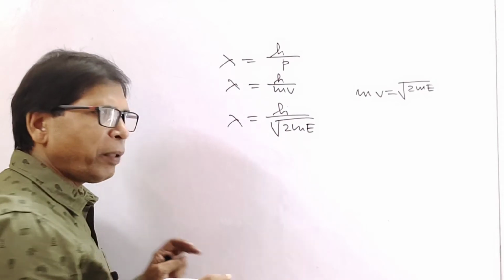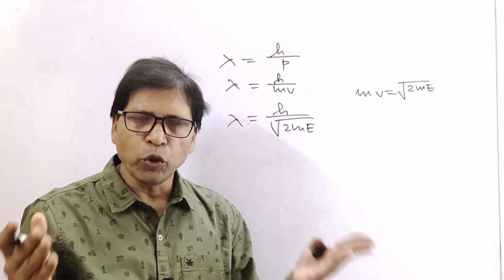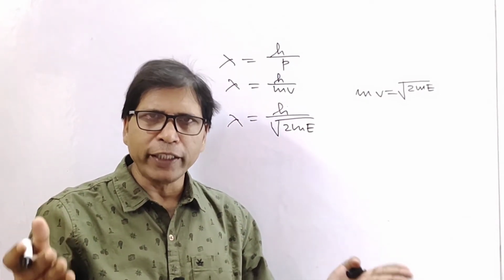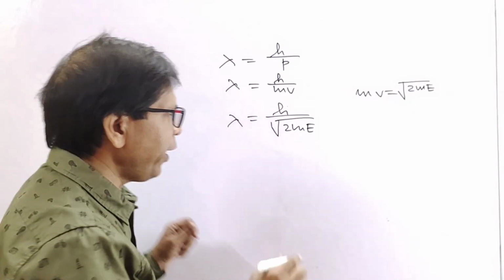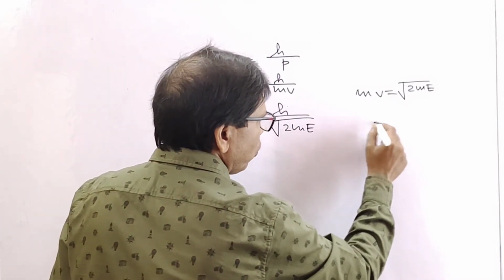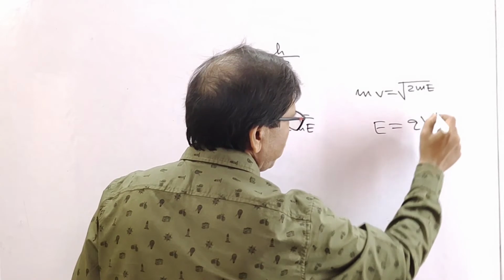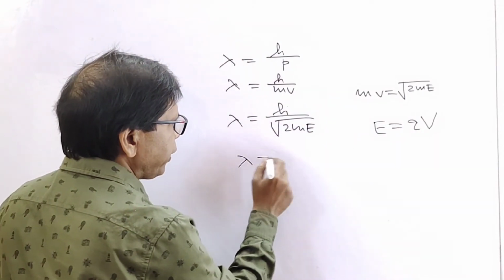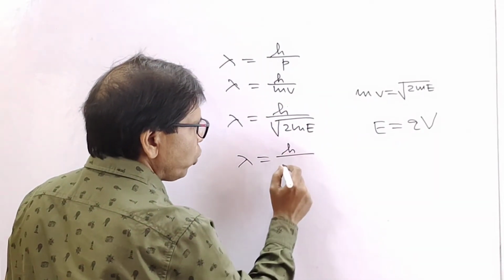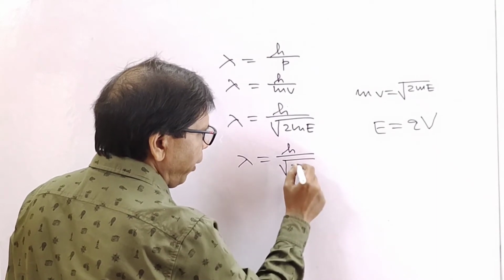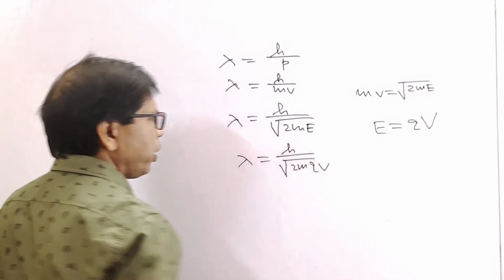Okay. Now if a charged particle of charge q is accelerated with a potential difference V, then E equal to q into V. Therefore, lambda is equal to h by root under 2mqV. Okay.